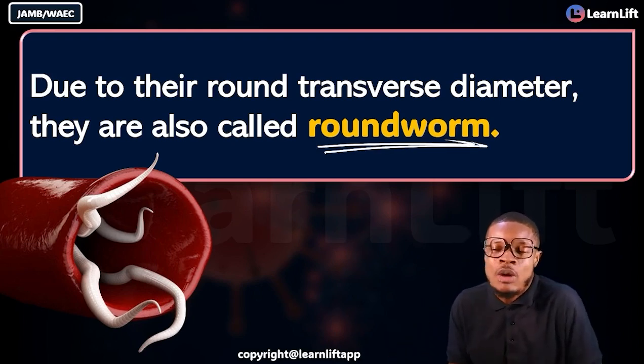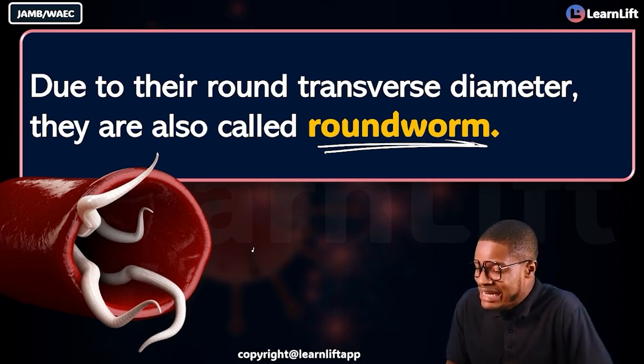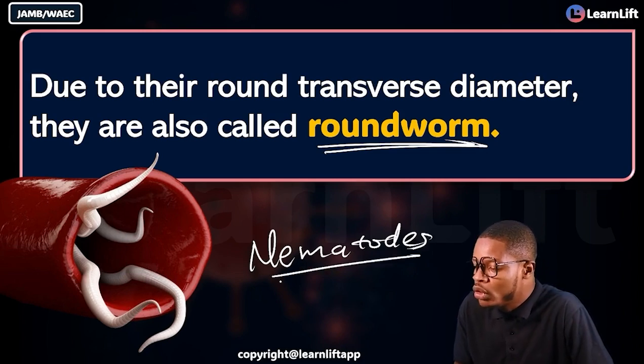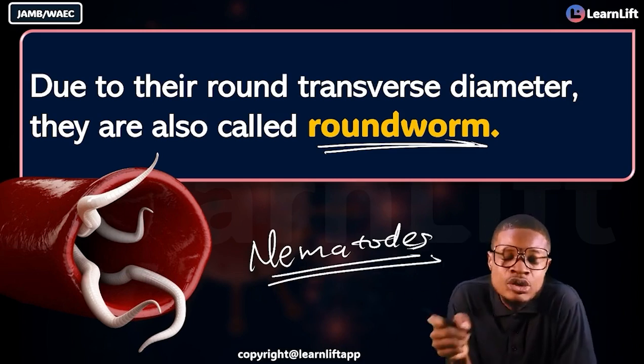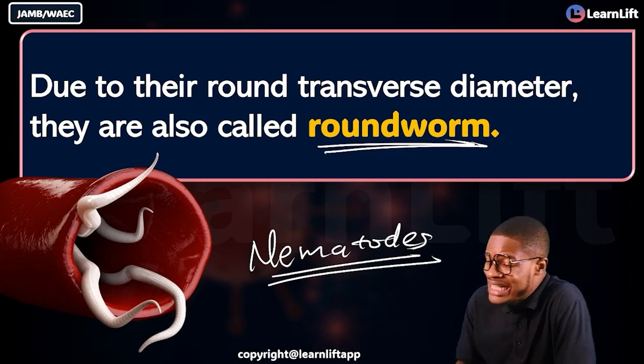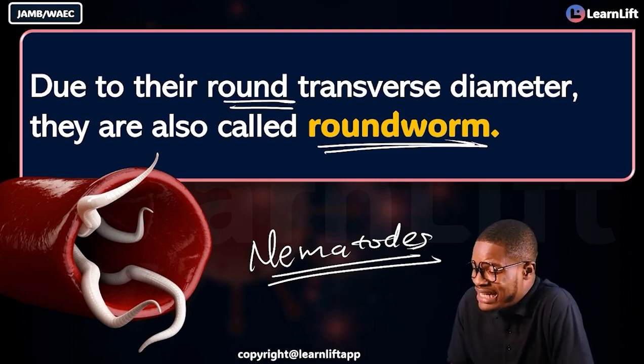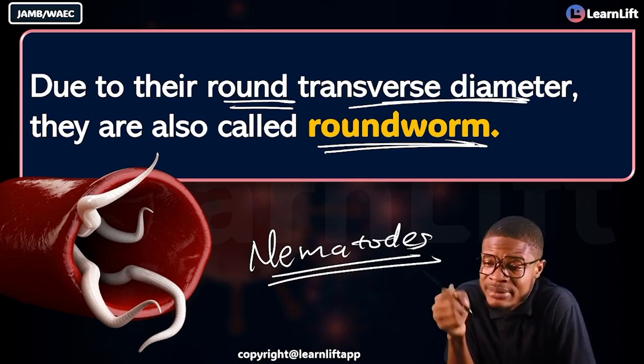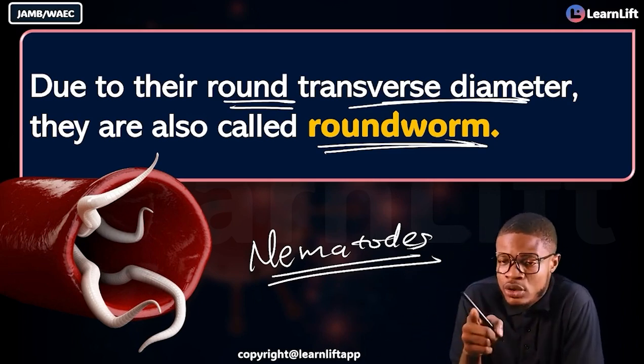Another name for your roundworms is the nematodes. So your nematodes are popularly called your roundworms. Why do we call them roundworms? Because they are round in their transverse diameter or section.